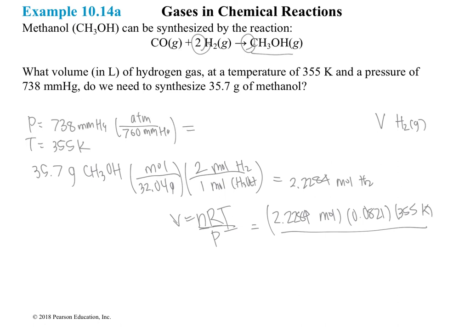And my pressure in atmospheres is 0.97105. So I'll plug that on bottom. And my volume equals 66.9 liters. So again, using stoichiometry and then the ideal gas law equation.